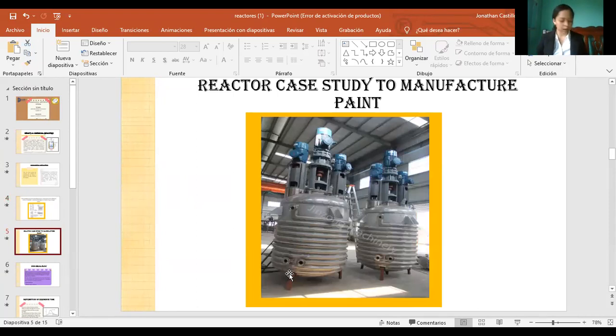For example, an ideal reactor is used for making paint because it needs constant monitoring. It needs to keep a mixture at a given temperature for the paint to be homogeneous.